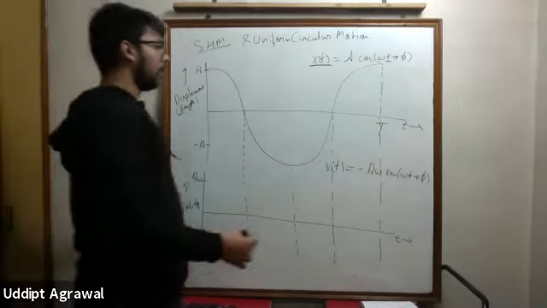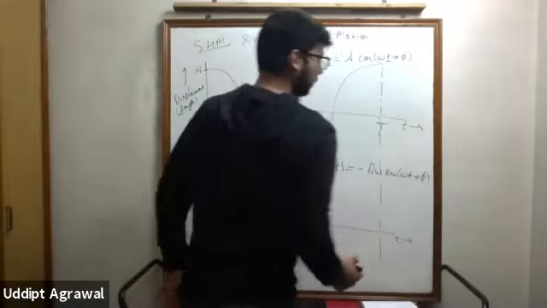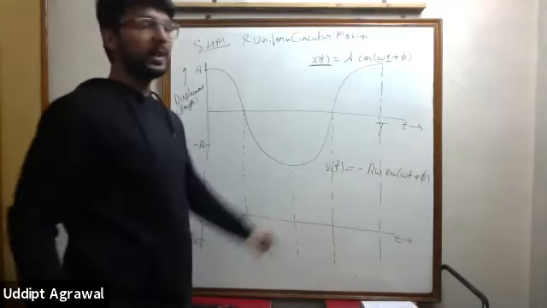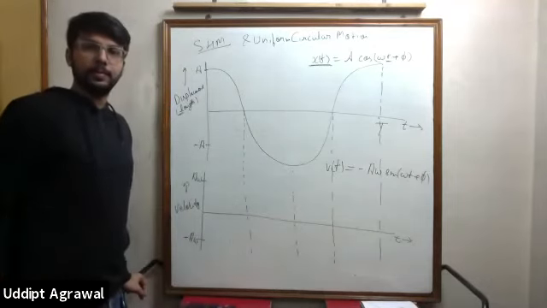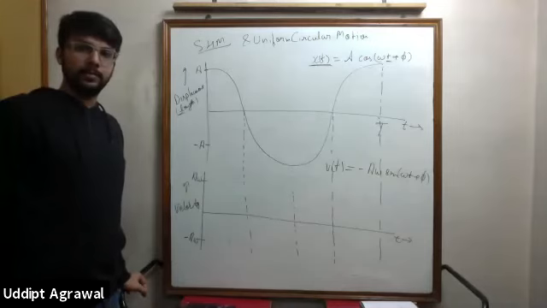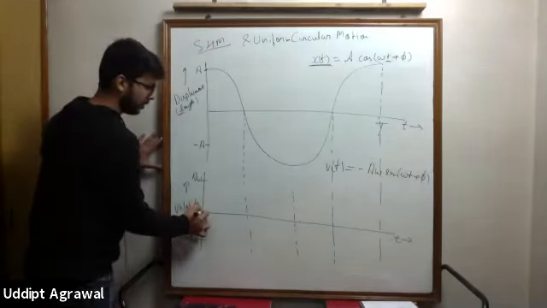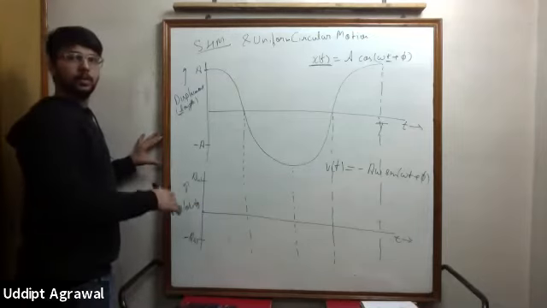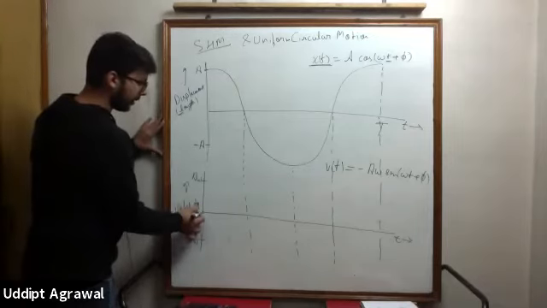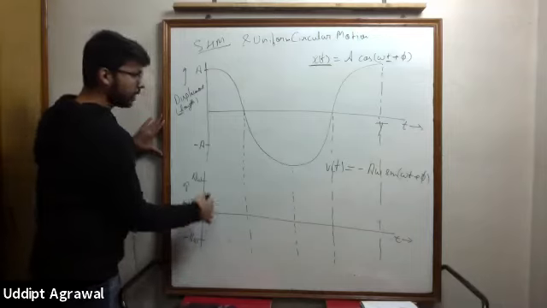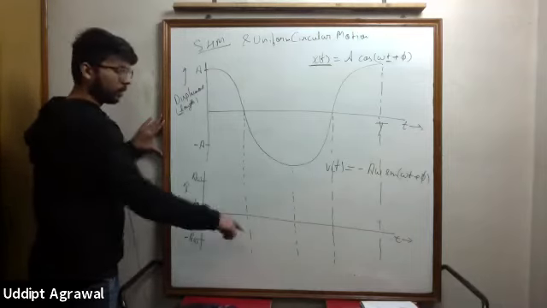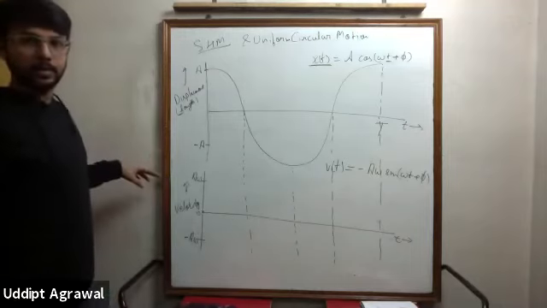Right? Now, when sine is zero, what will be the velocity? Zero. Yes. When sine is zero, velocity is zero. So we'll be starting from here. And how will it go? Will it go up? Will it go down? It'll go down, sir. Correct.